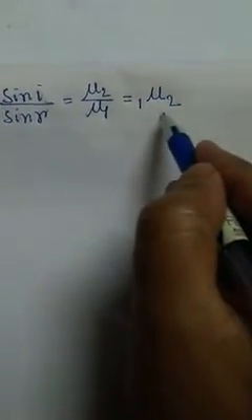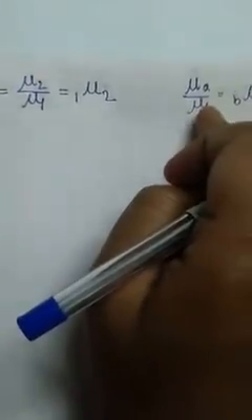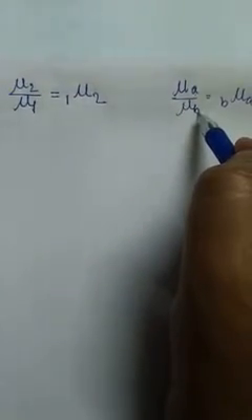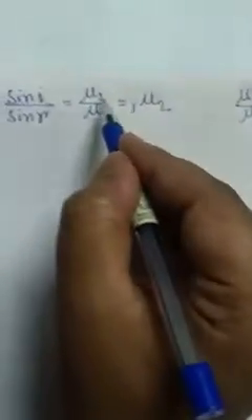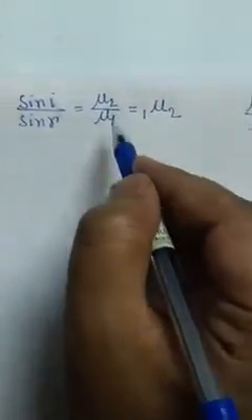If it is mu2 by mu1, then we write it like this, 1 mu2. This is the rule. Don't ask me why, this is how it is written. Let me say, suppose there is mu a by mu b, then we will write it as b mu a. That means what is at the bottom we write first. That means the refractive index of medium a with respect to b. Okay, like this, refractive index of 2 with respect to 1.